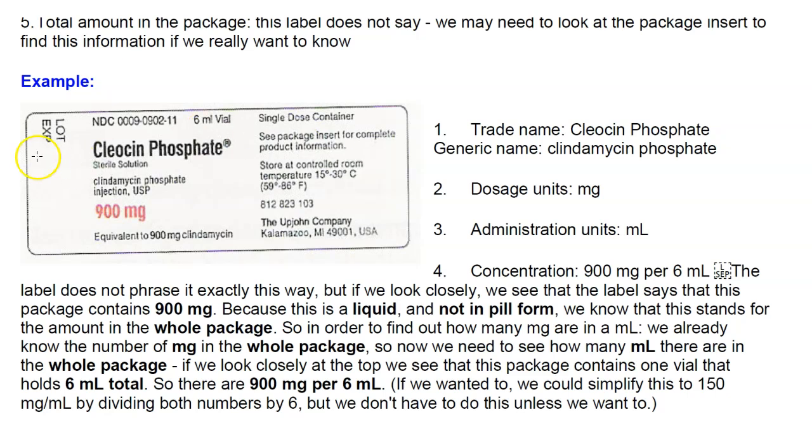The dosage unit comes in milligrams. The administration unit: for this specific one, it comes in 6 ml vials. So we know this is a liquid medication, so it comes in mLs. The concentration, when you read the whole packet, is 900 milligrams in a 6 ml vial. So that's your concentration.